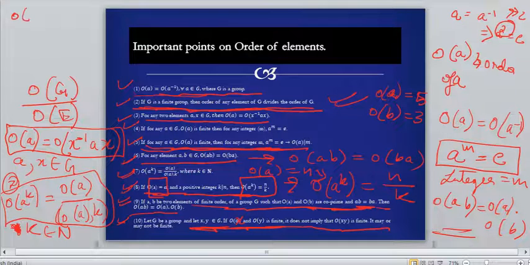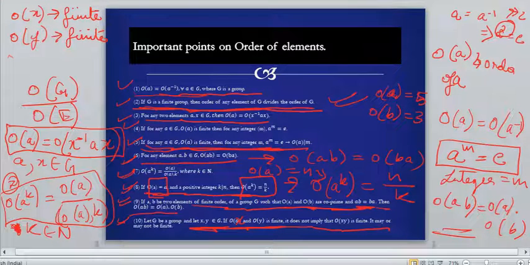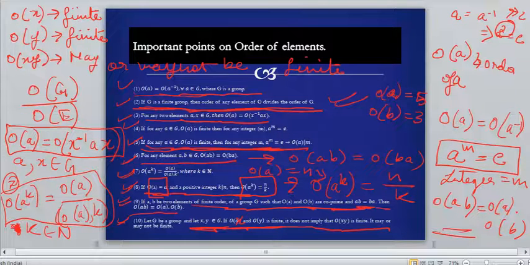They're trying to say that if order of x is finite, order of y is also finite, then order of xy may or may not be finite. Understood? So you cannot say anything of the order of xy.